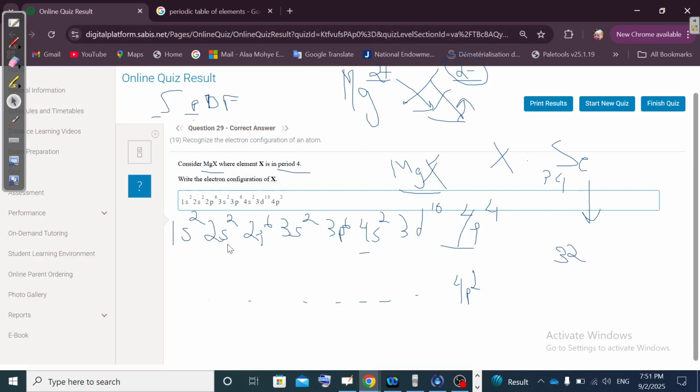Then I wrote the electronic configuration: 1s2, 2s2, 2p6, 3s2, 3p6, 4s2, 3d10, 4p4. This is all in total 34. You can check by yourself. Then it loses 2 electrons, becoming how much? 32, right? So I need to remove 2 electrons from the highest coefficient, and of these, the orbital higher in energy, which is P.